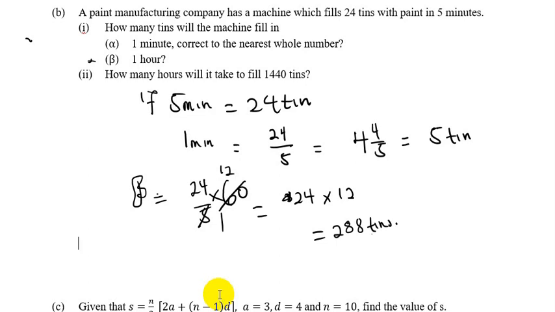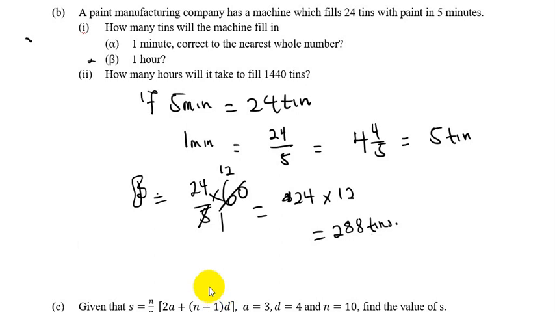Now you are saying that how many hours will the machine take to fill 1440 tins? Now we know for 1 minute to be 5 tins, and 1 hour is 288 of the things. Now, when we want to know the hours it will take to fill 1440, it's just simple.